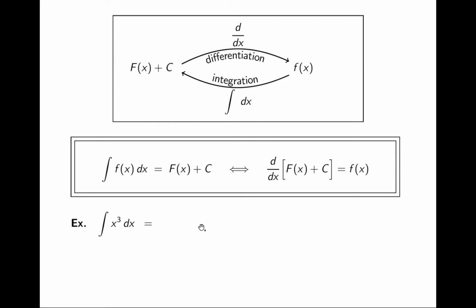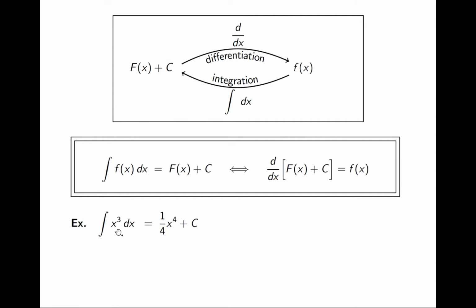And if you do some reverse thinking, you'll realize, oh, if I had 1/4 x to the power of 4 plus a constant, if I took that derivative, that would be 1/4 times 4x cubed plus 0, which would give me my x cubed. So that tells us that this formula is correct.